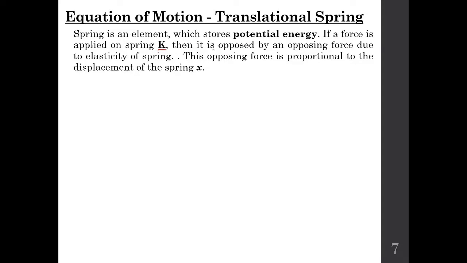Then the applied force will be opposed by an opposing force due to the elasticity of the spring. And this opposing force is proportional to the displacement of the spring x, because the more you deform the spring, the more will be the opposing force.